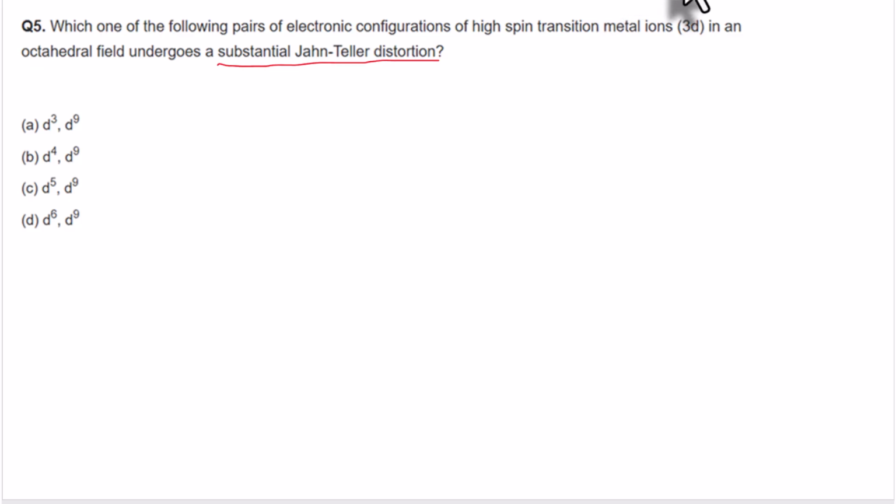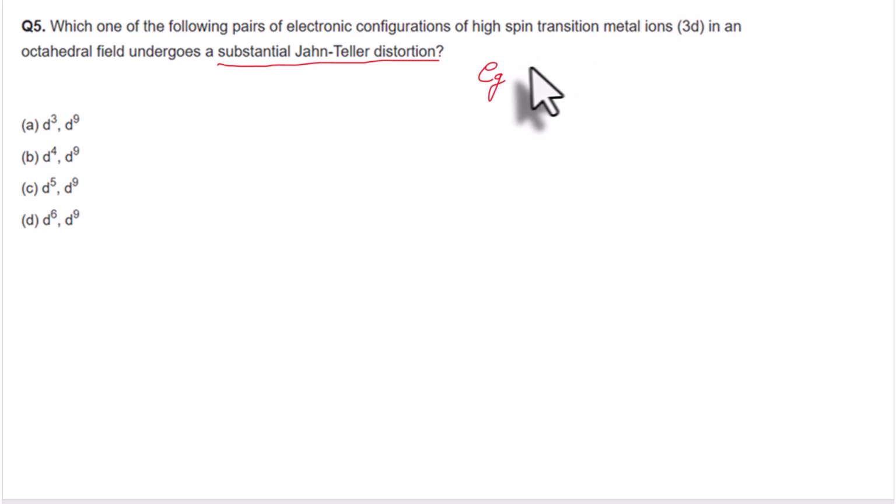Okay, so going back, a quick recap. We know that Jahn-Teller distortion occurs when there is unsymmetrical filling of either t2g or eg orbitals in an octahedral complex. And a strong Jahn-Teller distortion occurs when the eg orbital is filled unsymmetrically more than t2g.